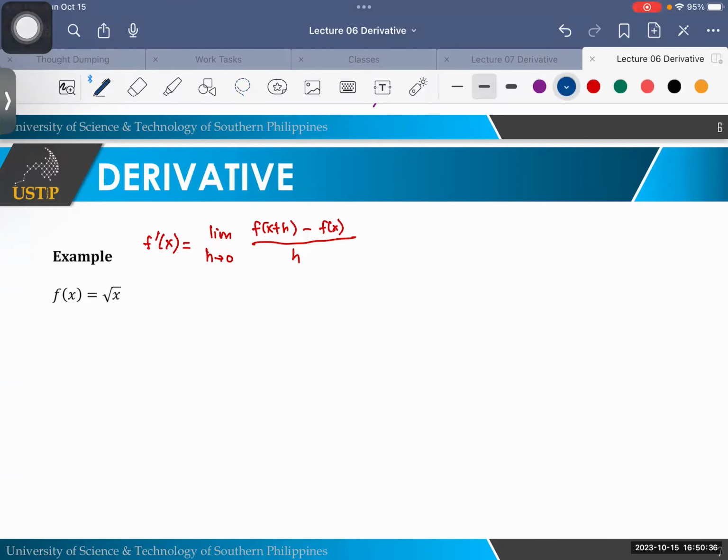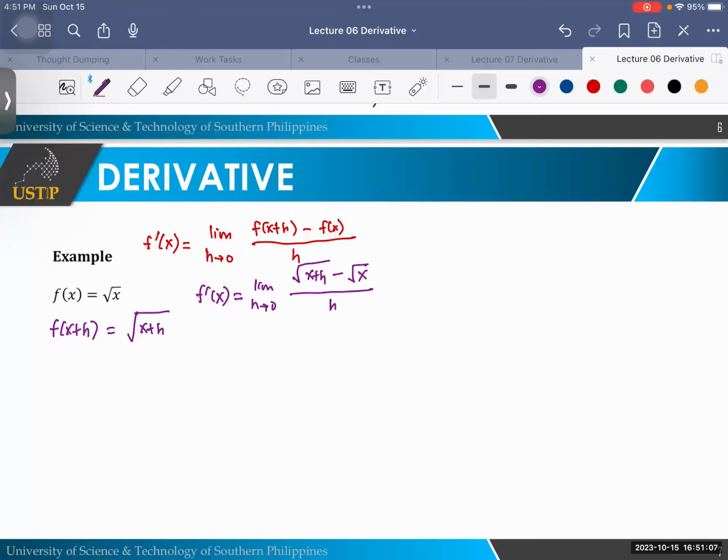Again, we will need f of x plus h, so replace x with x plus h. That would be square root of x plus h. So, this will be f prime of x, the limit of f of x plus h, that is square root of x plus h, minus f of x, that is square root of x, all over h.